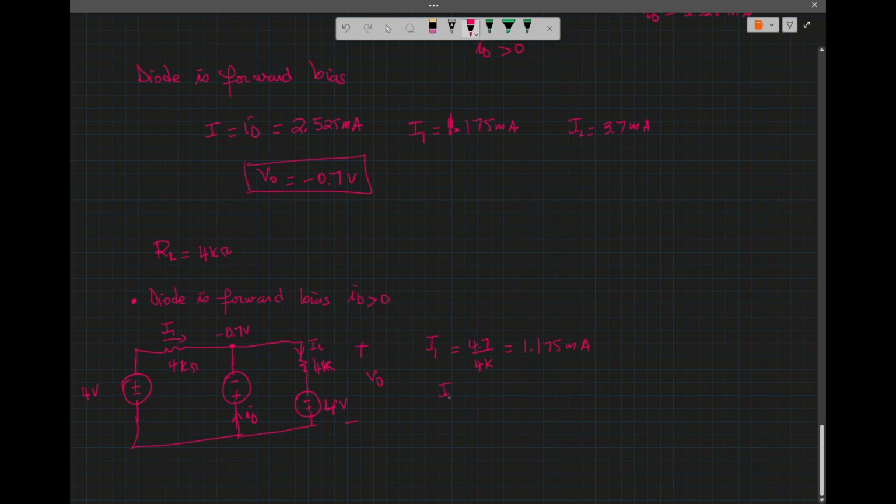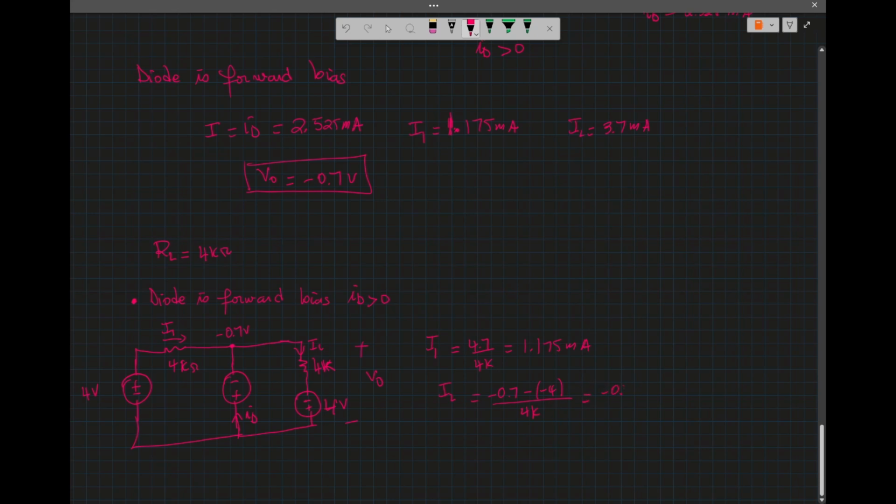Now I load, which is 3.7 divided by 4 kilo ohm. So the 3.7 comes from negative 0.7 minus 4 divided by 4k.